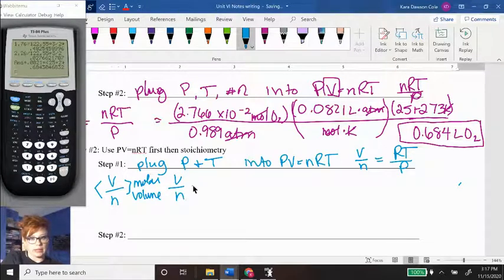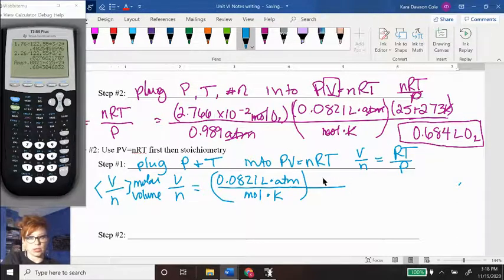So V over n is equal to 0.0821, again liters times atmospheres divided by mole times Kelvin, times your temperature, which is 25 plus 273. That's Kelvin. And then it's over 0.989 atm. So atmospheres are canceling, Kelvin is canceling, and I'm in liters per mole.